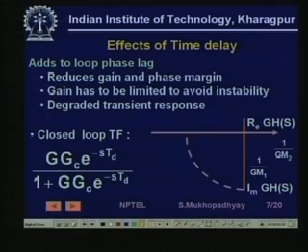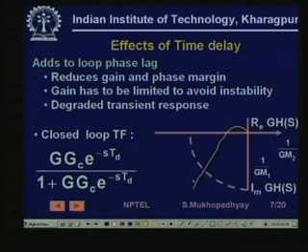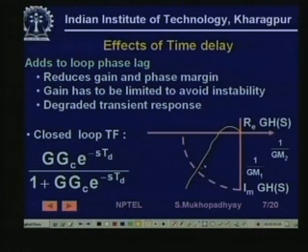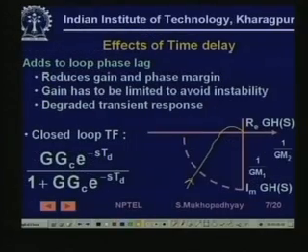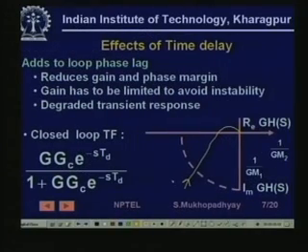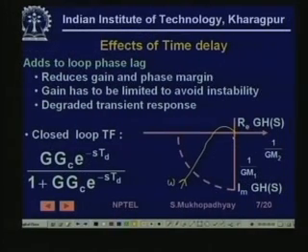But before that, let us see how the gain margin and phase margin are reduced. Imagine that the transfer function GH has a Nyquist plot like this. In this direction, as we know, omega is increasing. So this is the increasing frequency direction.